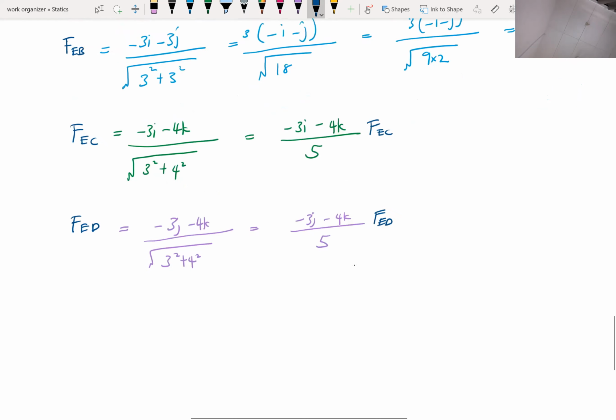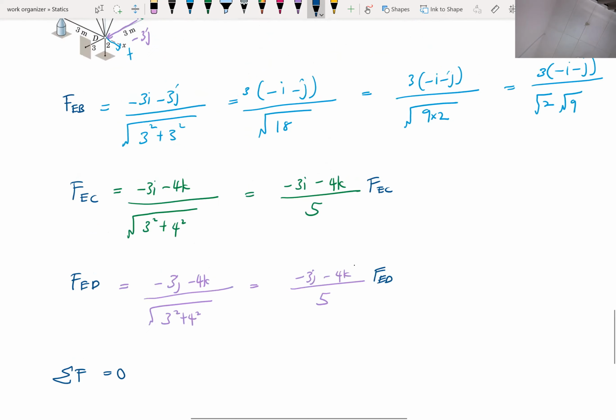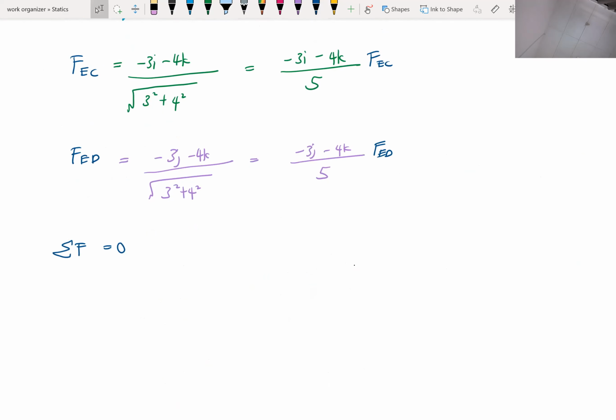So we take sigma F equal to 0. So FEB plus FEC plus FED is equal to 0.